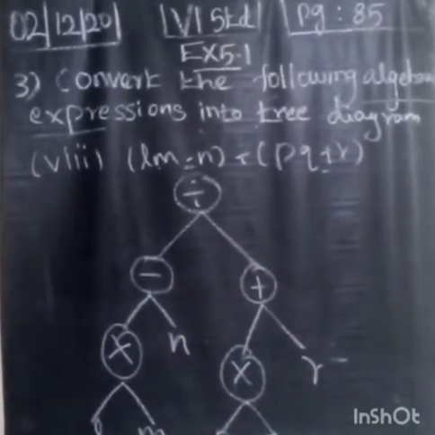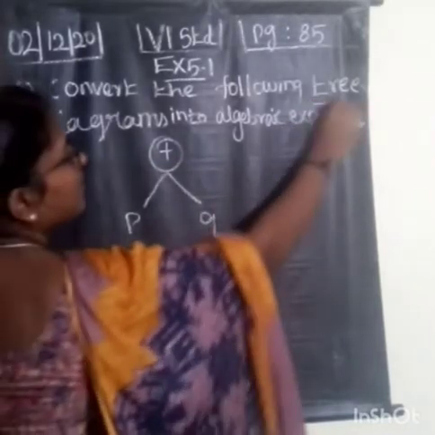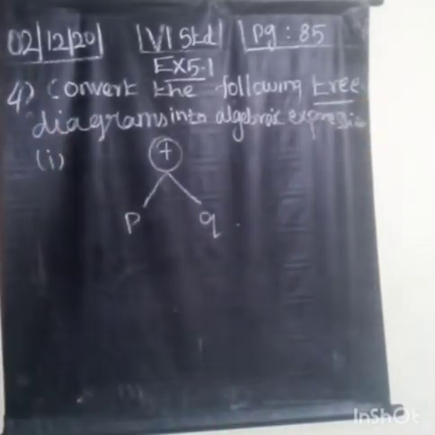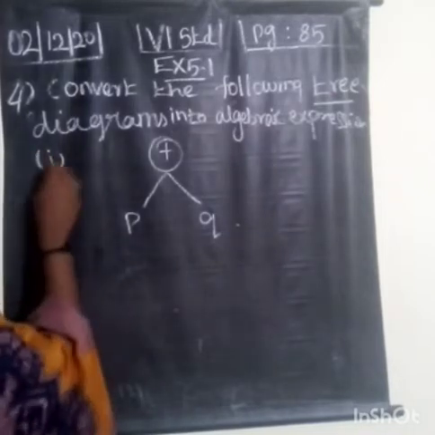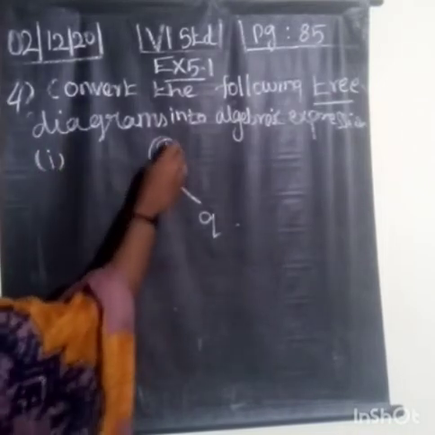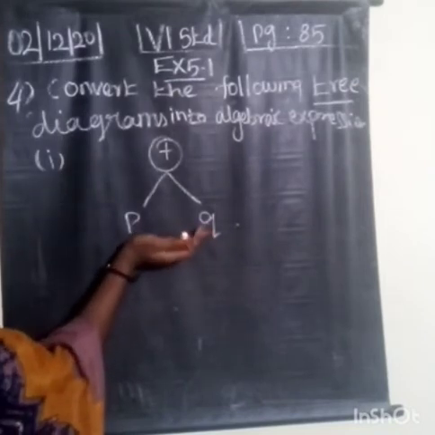Okay, next, question number 4. Convert the following tree diagrams into algebraic expressions. Here in this problem the tree diagram is given, and we have to convert it into an algebraic expression. Taking subdivision 1, consider the tree diagram.